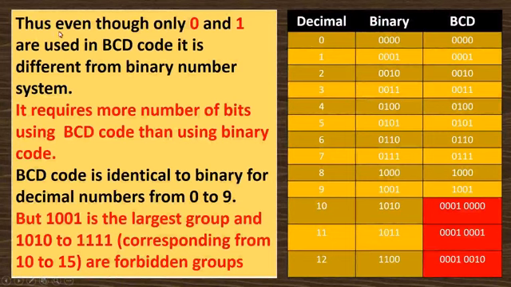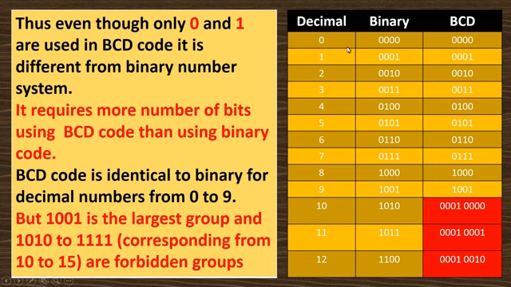Thus, even though only 0 and 1 are used in BCD code, it is different from binary numbers. How is it different? It requires more bits using BCD code than using binary. See, this is the chart. You will get a clear idea about binary and BCD.